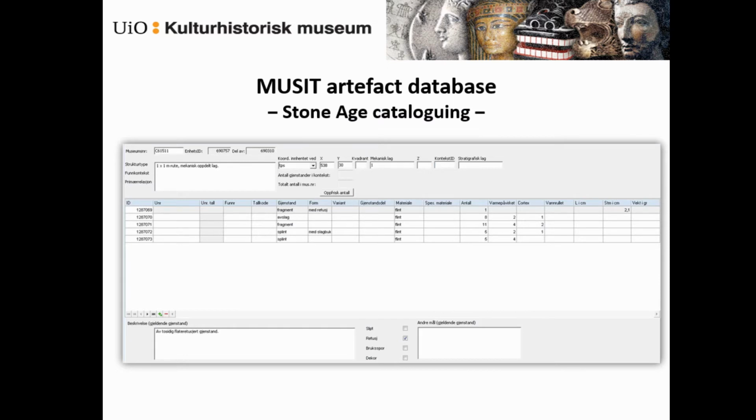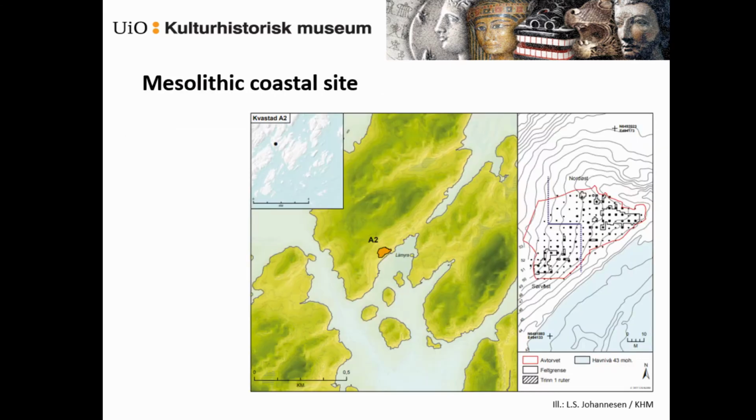We have a special setup for Stone Age cataloging, where we can put in the square, the details of where it has been found, and then list all the objects underneath. And so the former version is to make large-scale analysis and visualizations, but here we can do more detailed, intricate analysis as well, and create maps like this, where you can see the distribution within the single site.